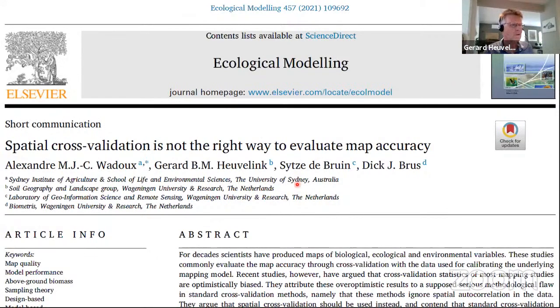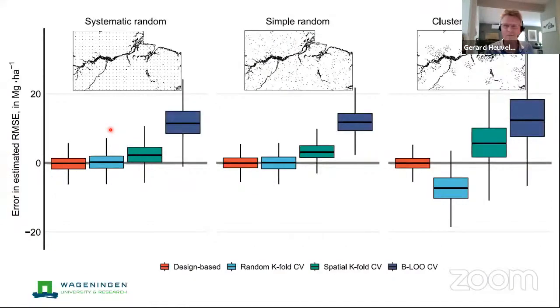But what we wanted in this short communication was to really point to the fact that many people say spatial cross-validation is the solution. And we don't believe that, right? And we have here a case study, an illustration, that you can get strong biases when you use spatial cross-validation.